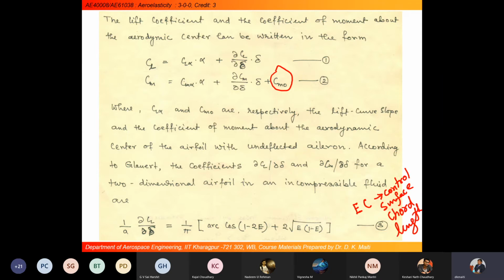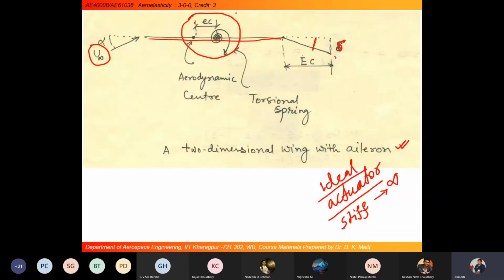If I go back, what I have taken here, E into C, is the chord length of the control surface.